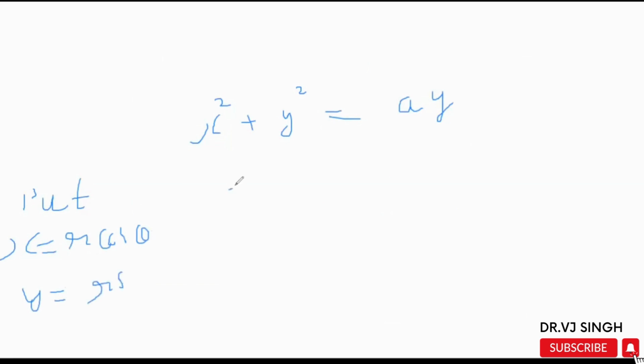So x square plus y square is r square, equal to a r sin theta. Suppose r is cancelled out. However you do it, this is r equal to a sin theta.